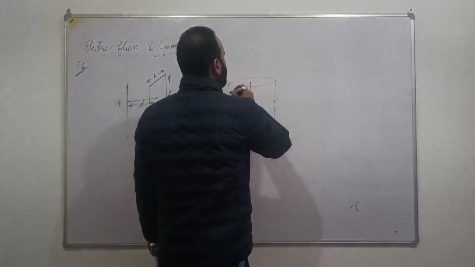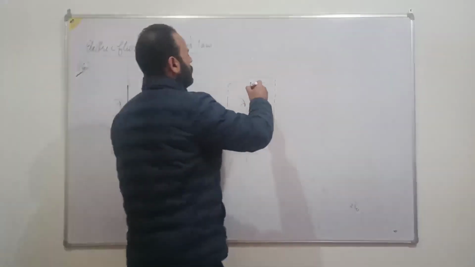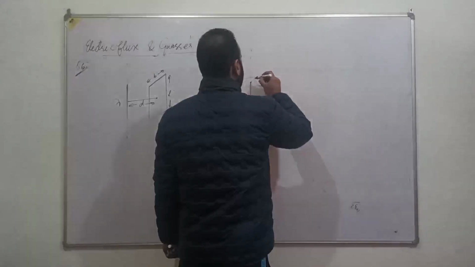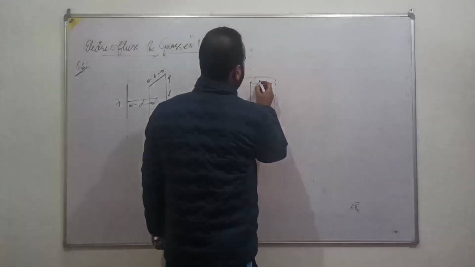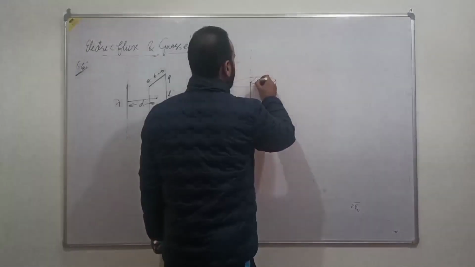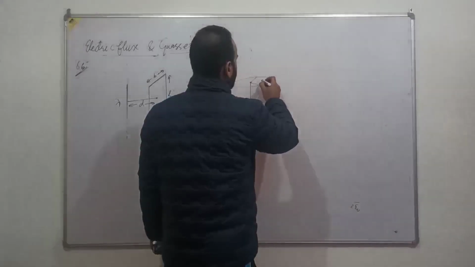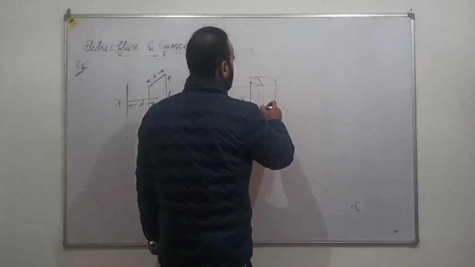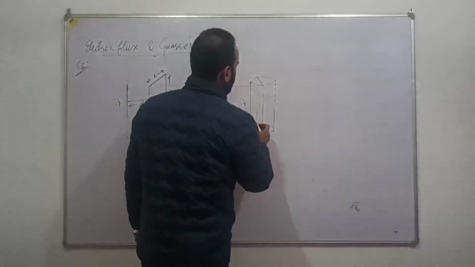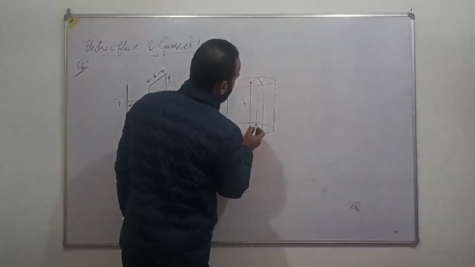The center of the cylinder is here, so this is one side of the wire frame, this is another side of the wire frame. If I draw a perpendicular, this is the top view here.